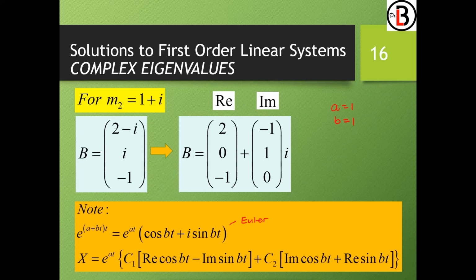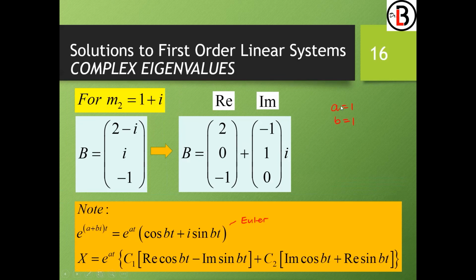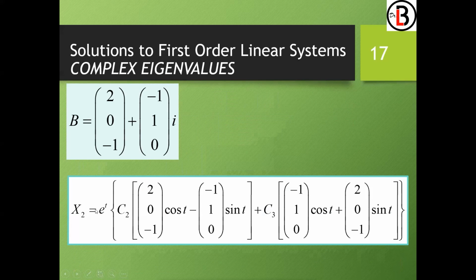Okay? And this one, you'll notice that we start with a cosine and then minus sine, and then cosine plus sine. So let's try. We have this. So e to the at, a is 1. So e to the t, quantity C2, real cosine bt, take note that your b is 1.